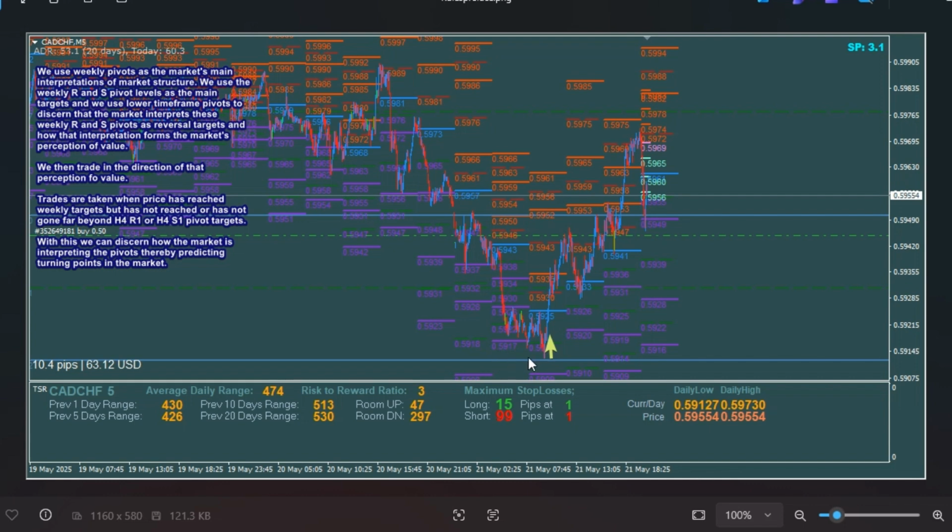We do so by using how the market is interpreting the H4 pivot levels to discern how the market is interpreting the weekly S2 level.